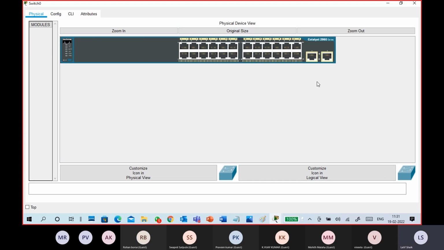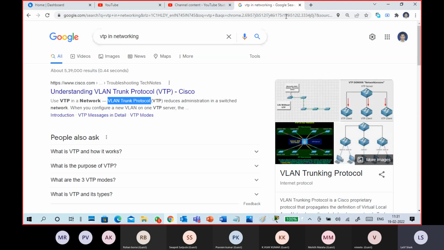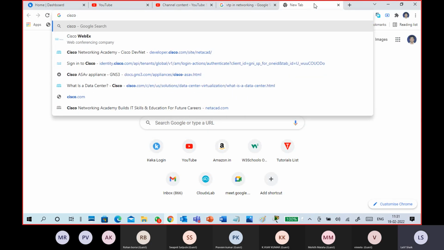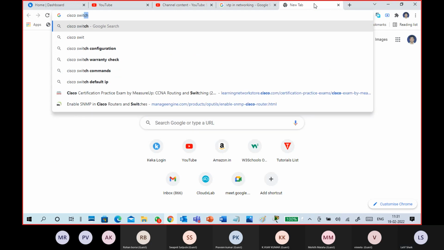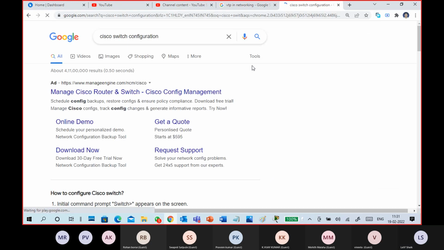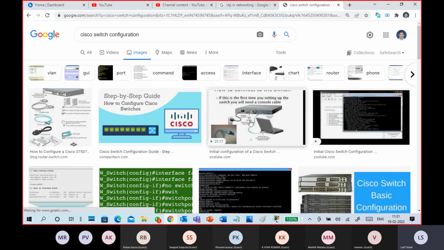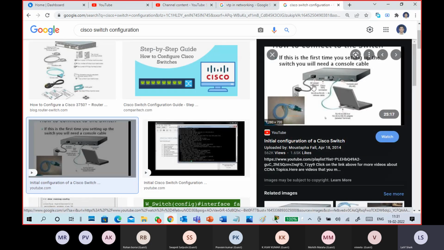If you go to Google, I can show Cisco. You put in a configuration, you just need a connection.